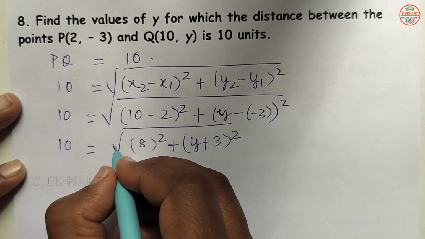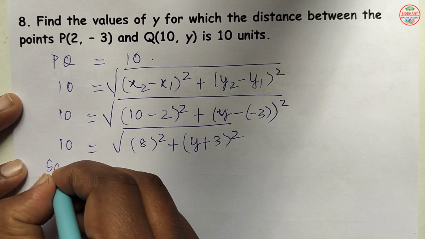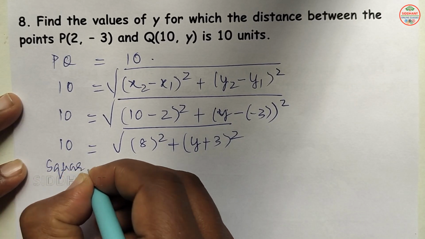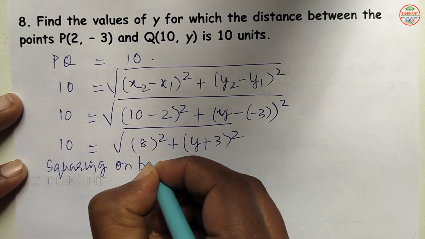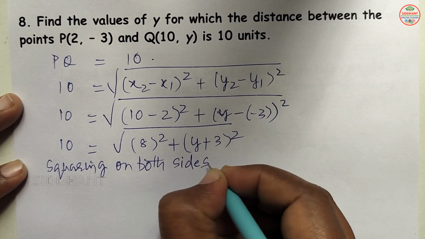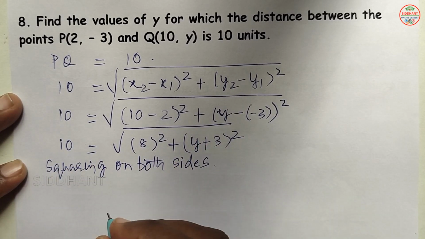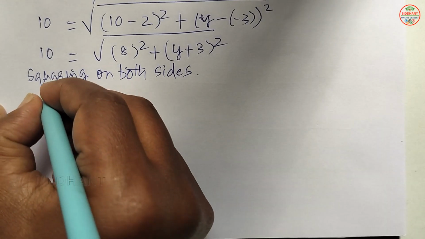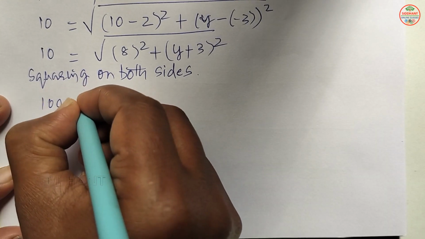Now in order to remove the square root, we are going to square on both sides. So 10 square will be 100.